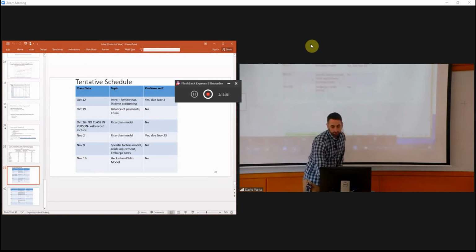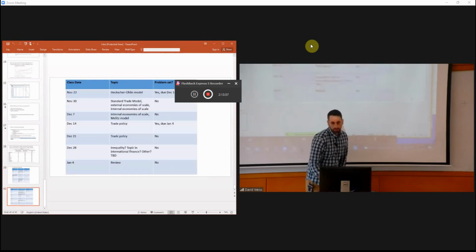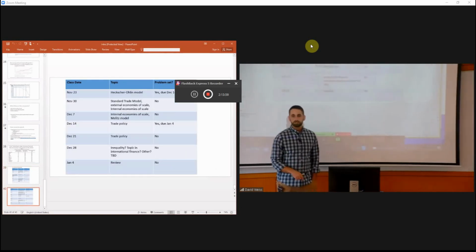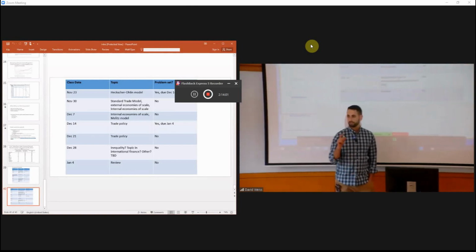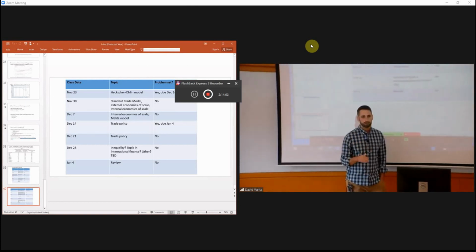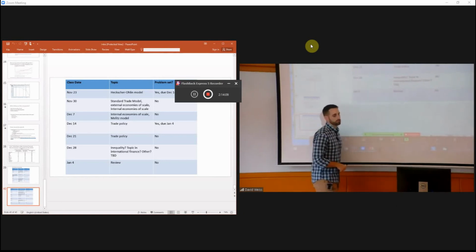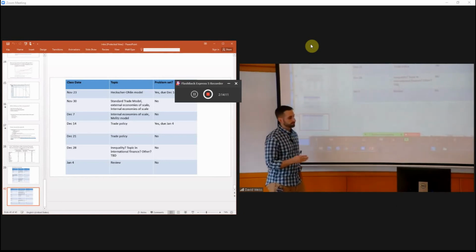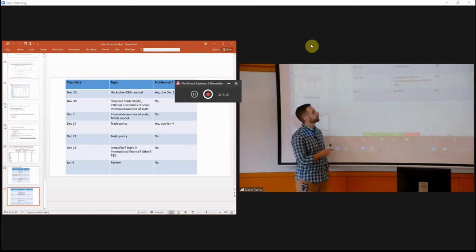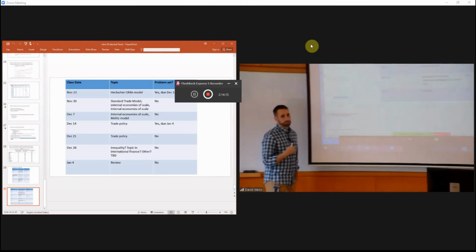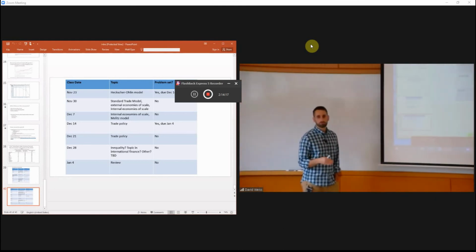Then we move into the Heckscher-Ohlin model for a couple of weeks. That's going to be the biggest, heaviest model in terms of calculations and equations and things like that. So the students who are going on for the advanced degree, that's for you. Then we're going to do the standard trade model and start moving into the world of economies of scale. So up until this point, we're going to be in perfectly competitive markets.